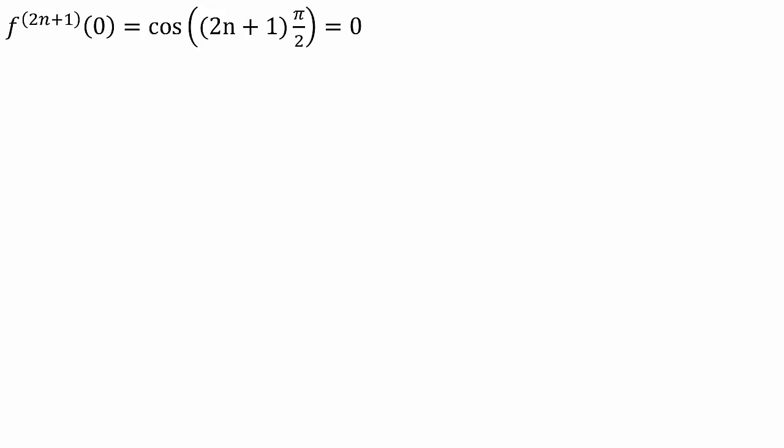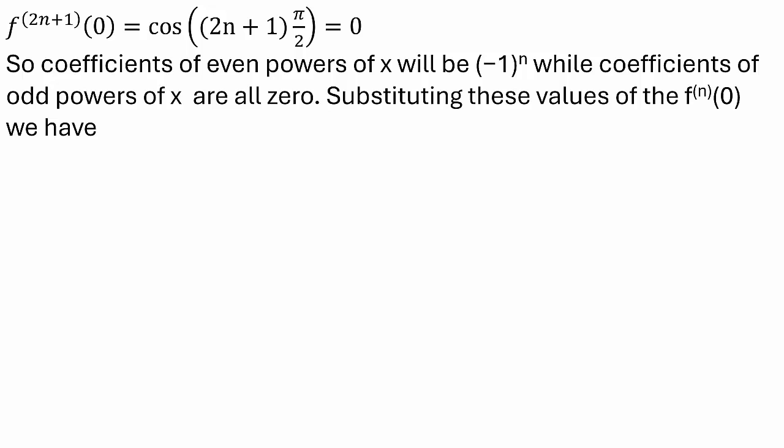That is, f^(2n plus 1)(0) is 0 and f^(2n)(0) equal to (minus 1) raised to n. Keeping these terms in mind, the coefficients of even powers of x will be (minus 1) raised to n, while the coefficients of odd powers of x are 0.